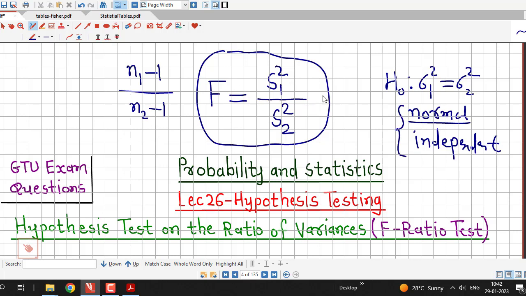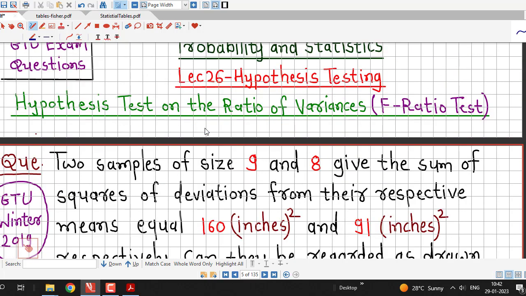So all we have to do is find out the sample size for each sample, and decide sample variances for each sample so that we can calculate the value of test statistic. And using F distribution table we will decide critical values for this distribution. So we understand first this question.